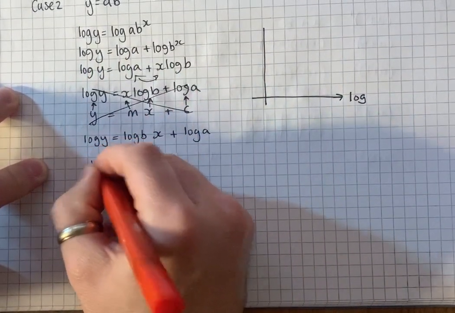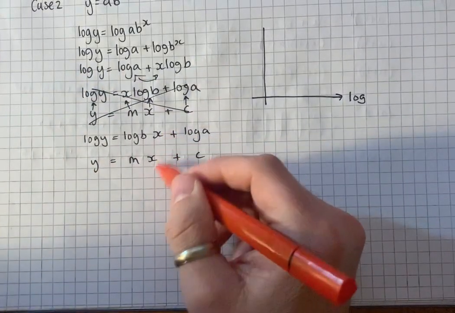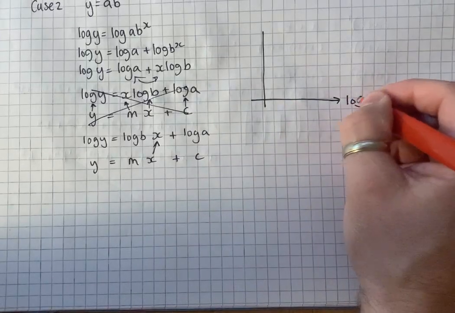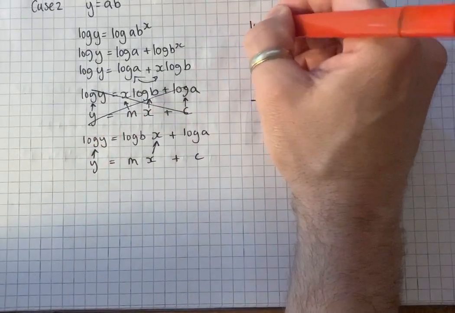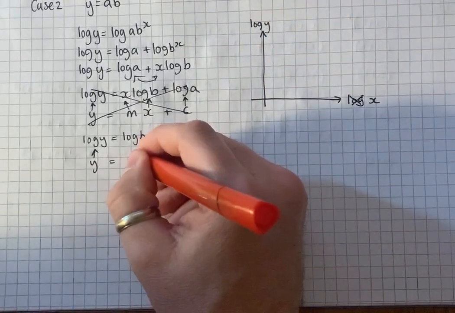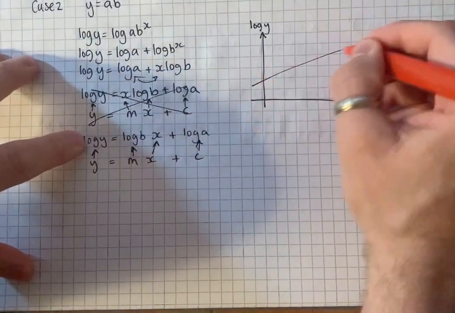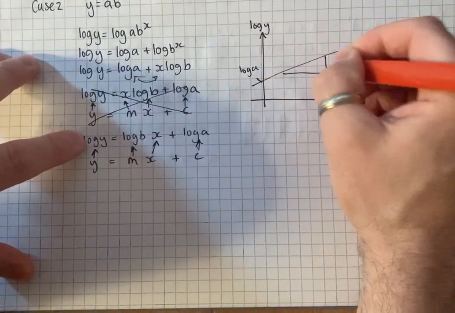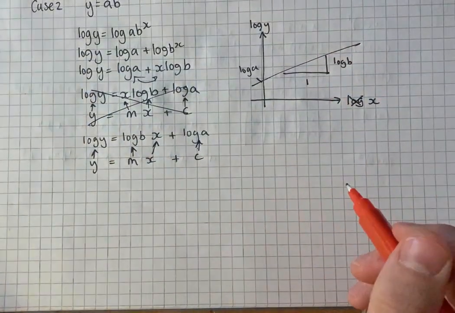So y equals mx plus c, because this is the constant, obviously this is the variable. So the horizontal axis is going to be represented by x, the vertical axis is going to be represented by log y, the gradient is going to be log b, and the intercept on the vertical axis is going to be log a. So the gradient log b over 1.